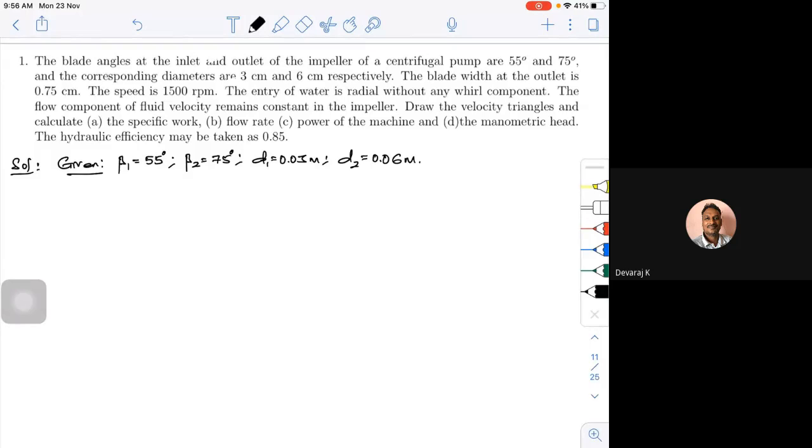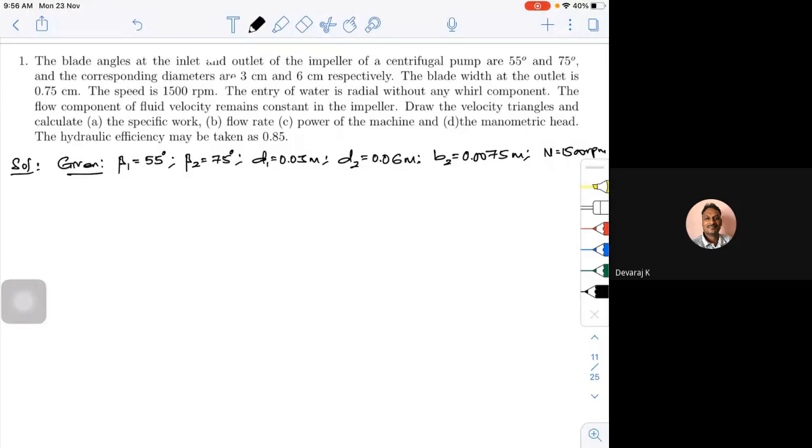And the blade width at the exit, that is B2, we call it B2 or W2, whatever you want, is around 0.75 centimeters, that is 0.0075 meters, and the speed is found to be around 1500 rpm.